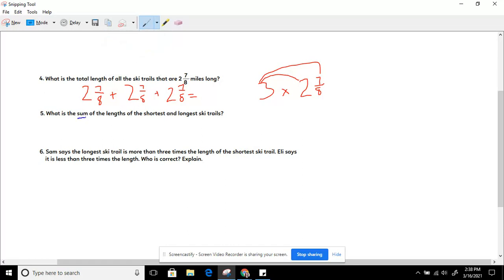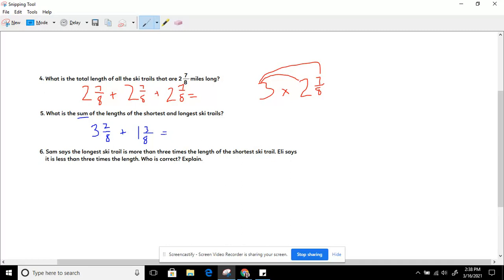Here we're finding the sum, which is addition. And so we were adding 3 1/4, which was actually 3 2/8. That's the longest. And then our shortest was 1 3/8. So that's what you're adding to get the total of the longest and the shortest.